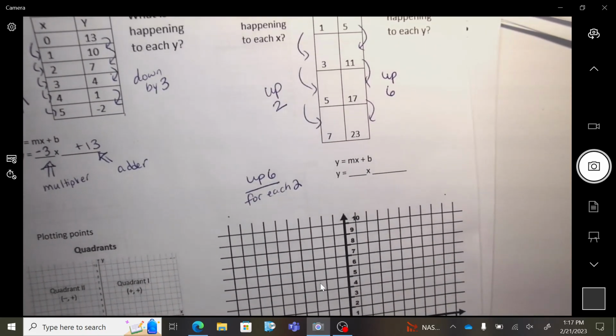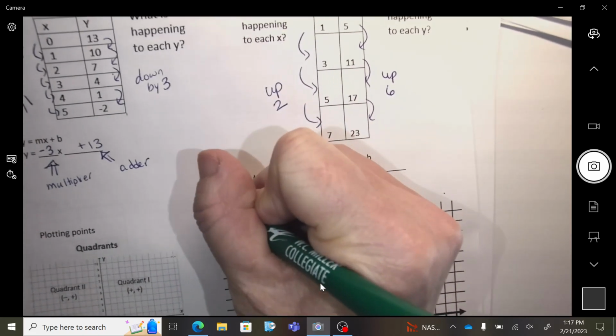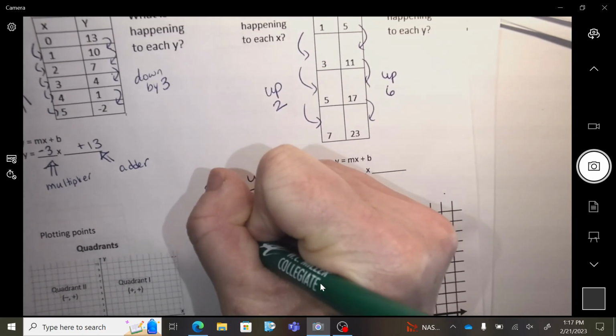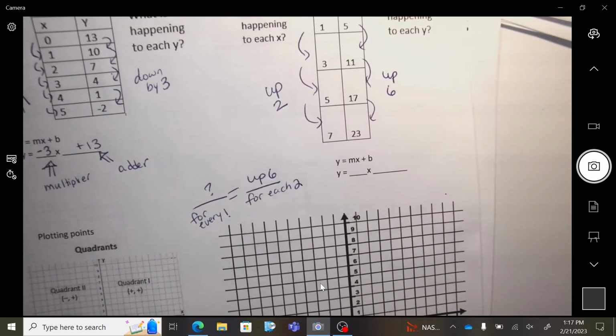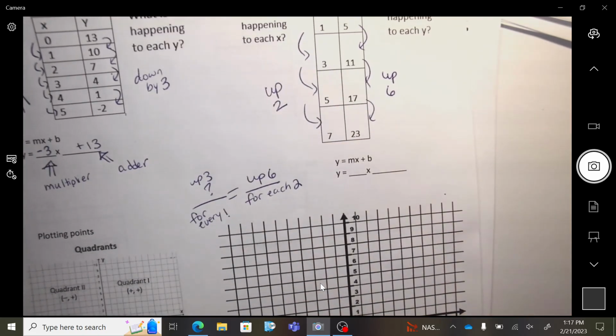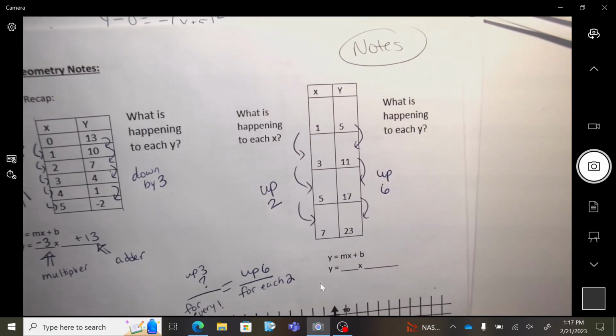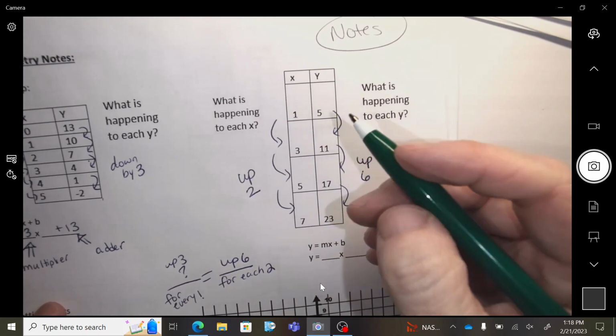So if you go up 6 for every 2, what are you doing for every 1? That means you're going up by 3. Does that make sense? Okay, here is something that I'm going to make you add in here.